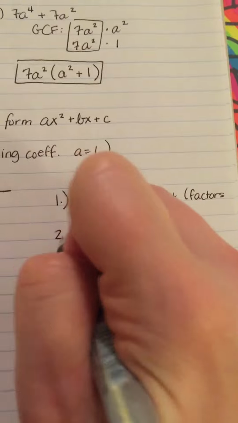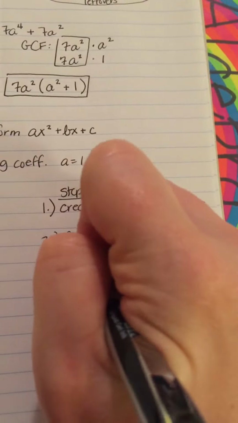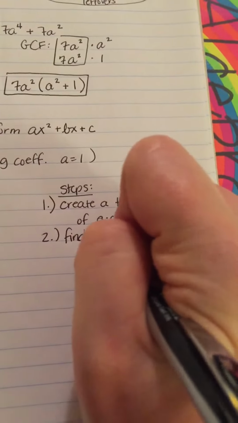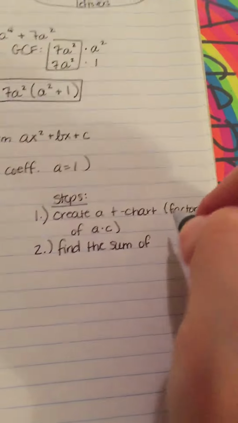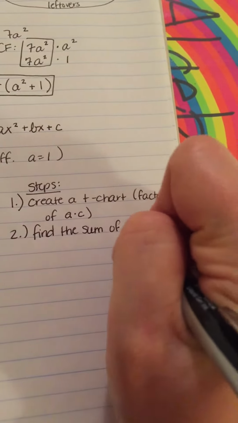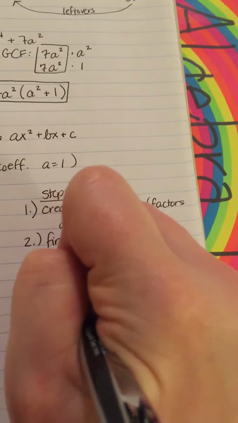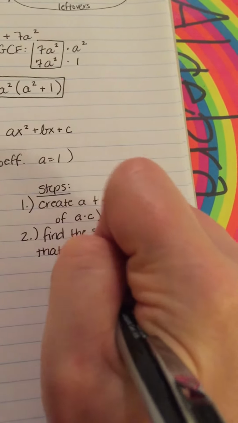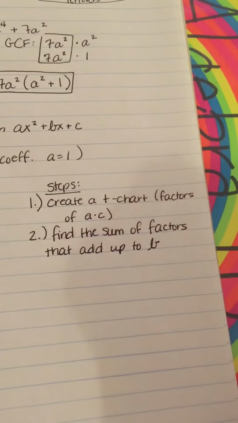Step 2, what I'm going to do is find the sum of the factors that add up to b.